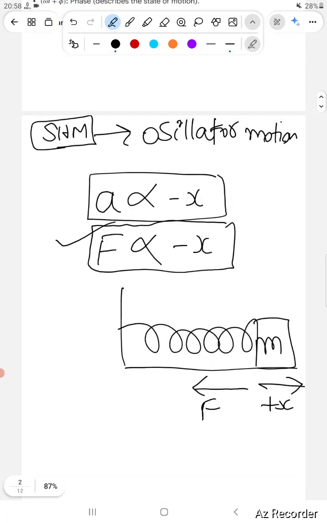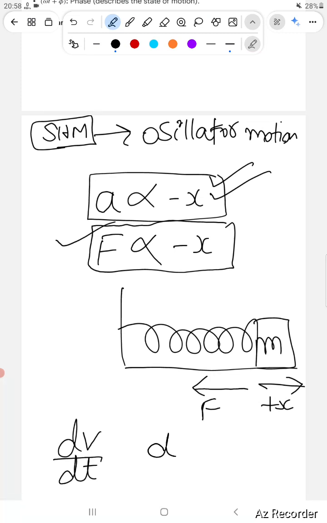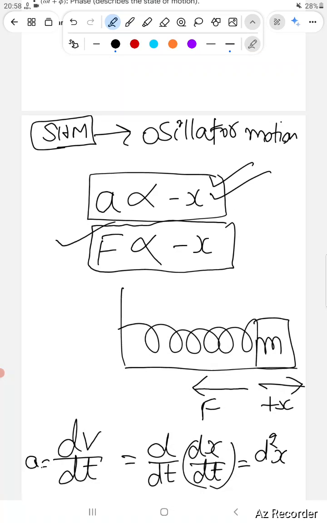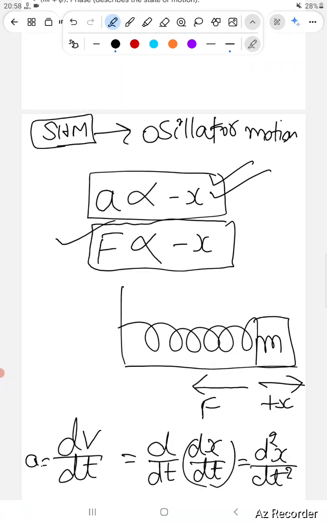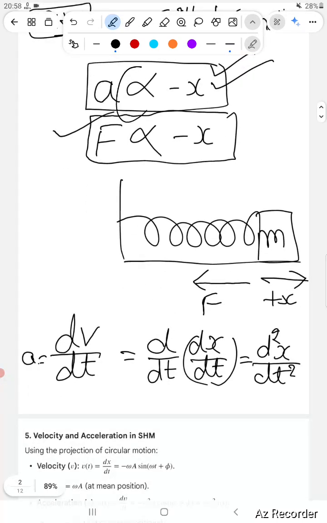Dear students, if you try to solve these equations, because a is represented as dv/dt, and dv/dt you can write as d/dt of dx/dt. So the double derivative becomes d²x/dt², and here if I multiply by k, then it becomes kx.